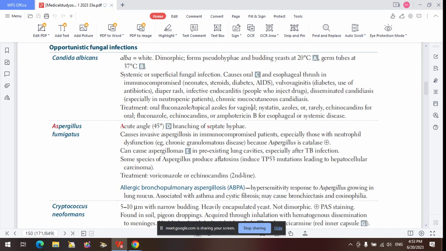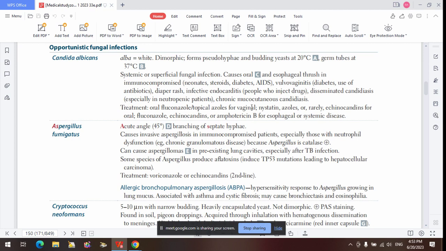When there's any problem with the cell-mediated immunity, the person can develop chronic mucocutaneous candidiasis, affecting the skin, the mucous membrane, as well as the nails.